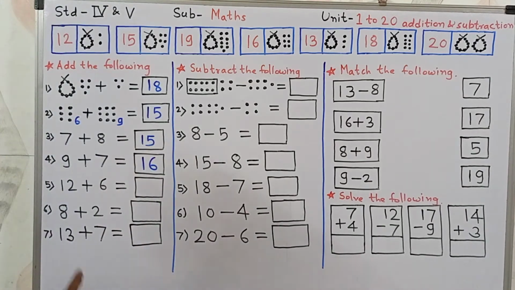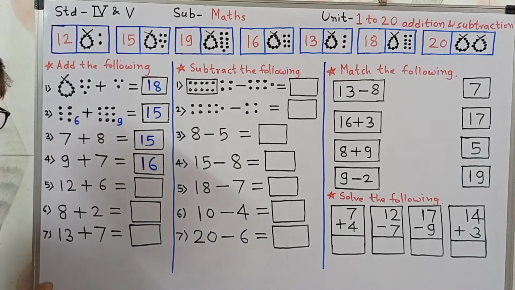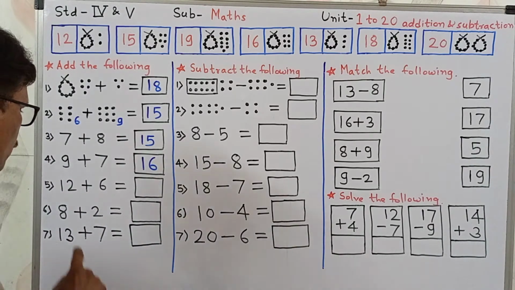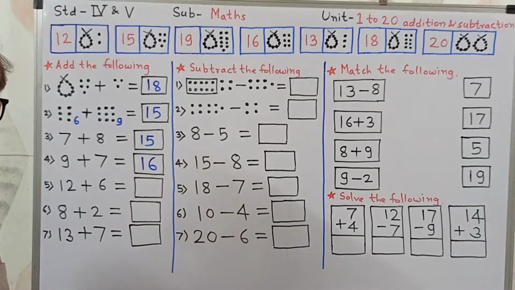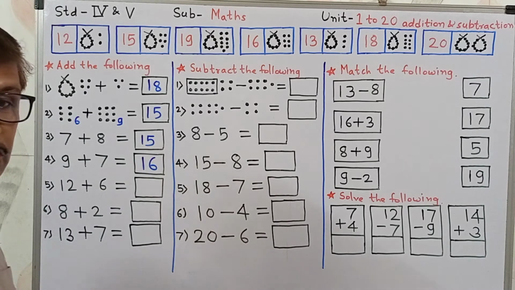Listen. Fifth one. 12 plus 6. Which is the smaller number? You know. And how to find out the smaller number?